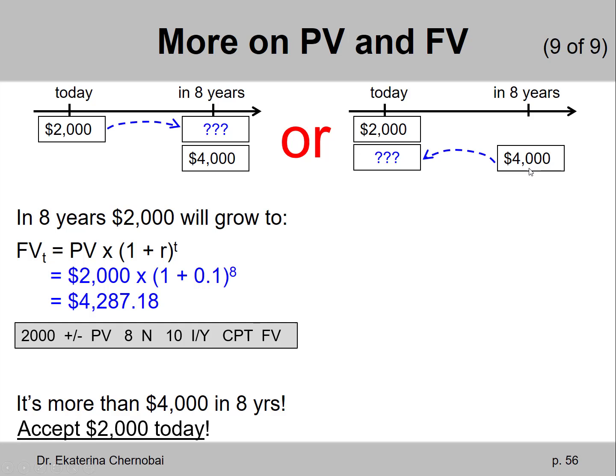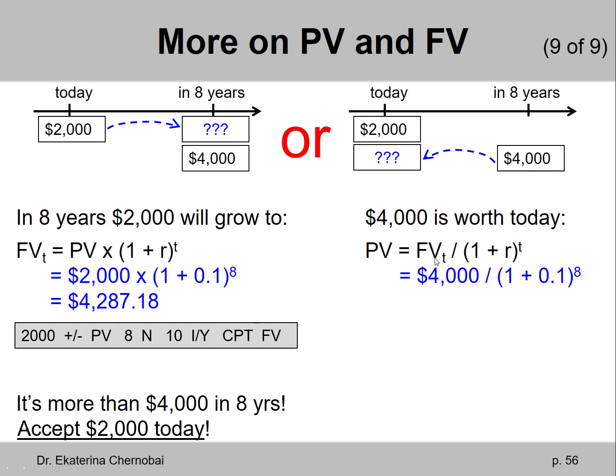What's the present value of $4,000? In other words, rather than waiting for 8 years, how much would you be equally happy with if you were given an equivalent of that today? The present value of $4,000 is $4,000 divided by 1 plus 0.1, the sum raised to the power 8. That gives $1,866.03.